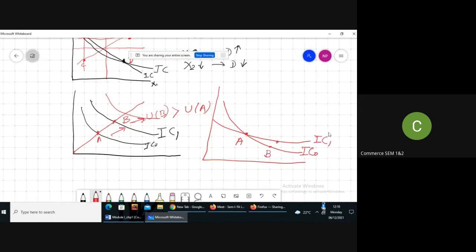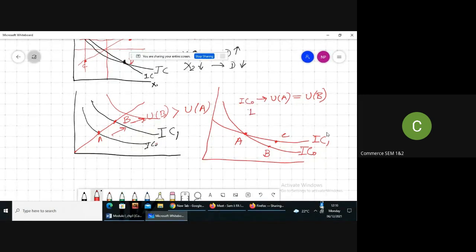Now take a point here in this direction, point C. Now compare between point A and point B on the IC0 indifference curve. So utility at A is equal to utility at point B because both are on IC0 indifference curve. Again, from indifference curve IC1, from this we can write that utility at point A will be equal to utility at point C. Fine?